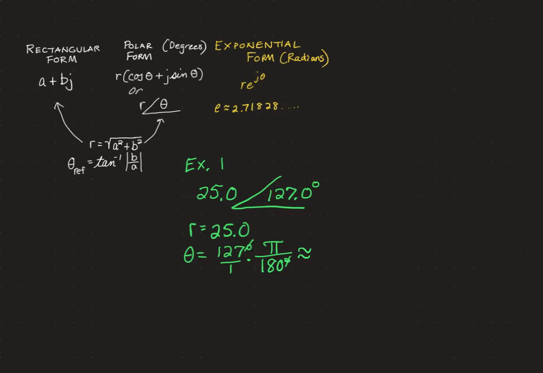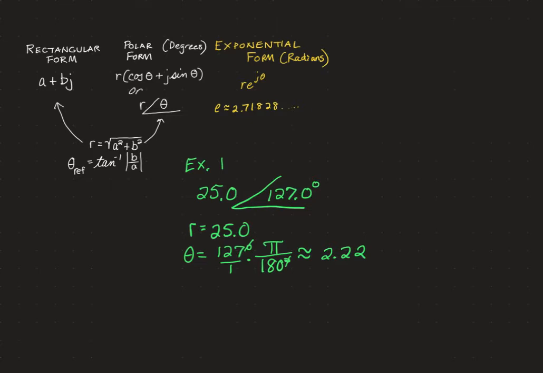So if you plug into your calculator 127 times pi divided by 180, you should get 2.217. Or as I like to say, in terms of significant digits, we're looking at 2.22 radians.